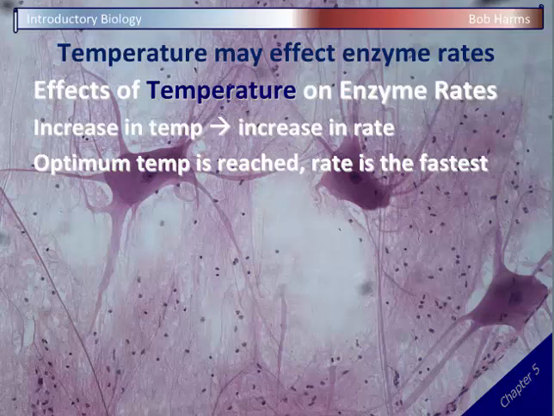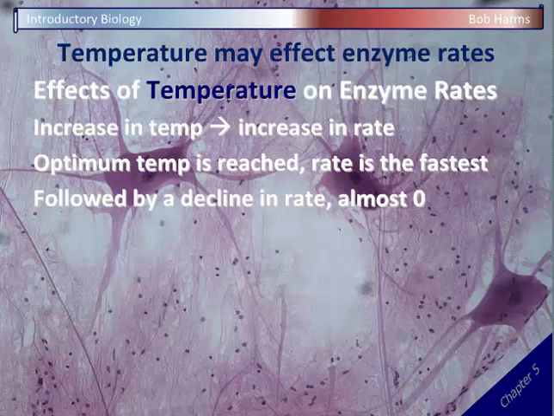The reaction is going to occur faster and faster. When it's occurring at its absolute fastest, we call that the optimum temperature. That's the temperature where the reaction is going to occur as fast as it possibly can. But if we continue to increase temperature above the optimum, we see, surprisingly, the reaction rate will plummet, decline very fast, and basically the reaction will stop occurring.